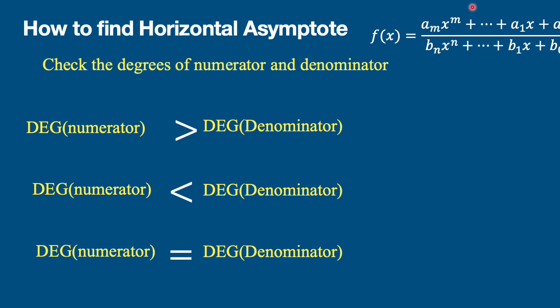If the degree of the numerator is bigger, there is no horizontal asymptote. If the degree of the denominator is bigger, y equals 0. If the degree is the same in numerator and denominator, then you check the coefficients. Y equals a_m over b_n. So the horizontal asymptote is a_m over b_n.